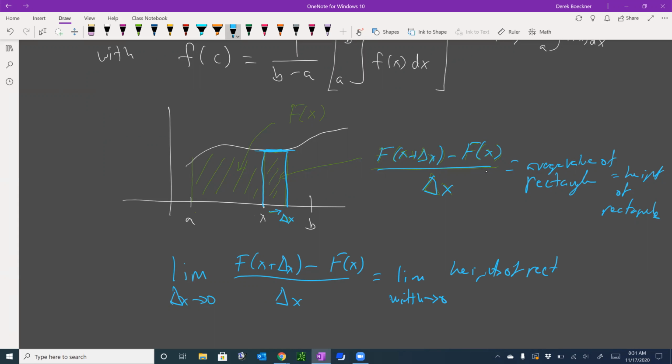Does that make sense? Okay, so if this width is going towards 0, what's the height of this rectangle approaching? It'd be approaching whatever this point is here, right? Because this function was continuous.